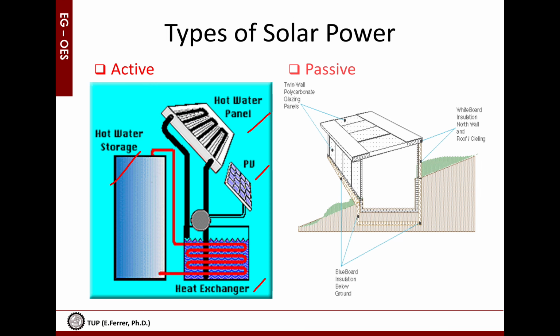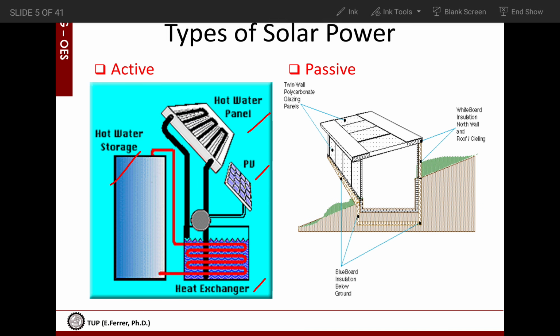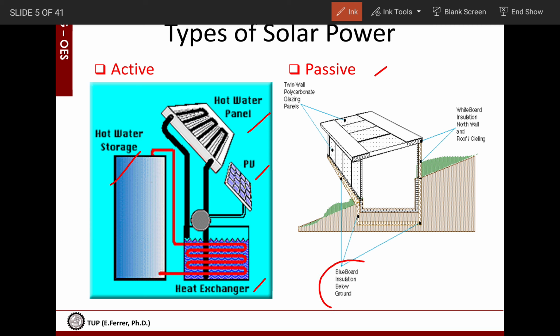And then you have a passive solar power, and this is how it looks. What we have seen basically in the houses, that is the passive type.